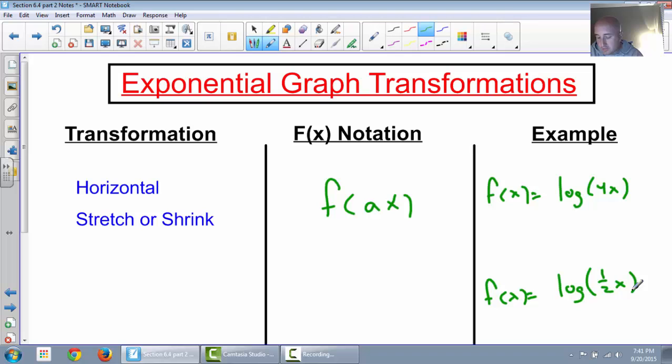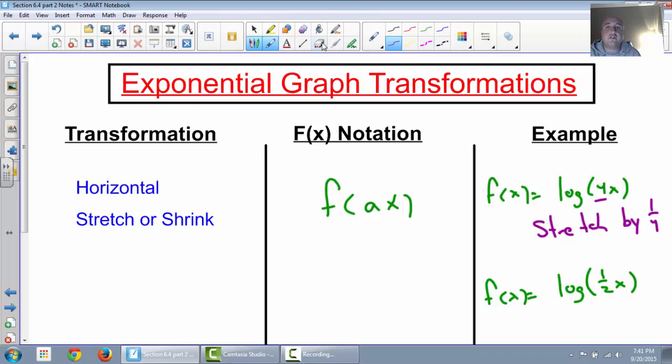Okay, so these are two different types. Okay, so the first one is a stretch. Let me get a different color here. This 4 here represents a stretch by 1/4. Okay, so that's a stretch.